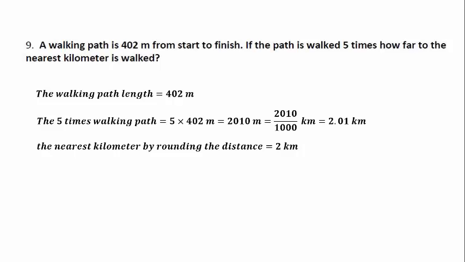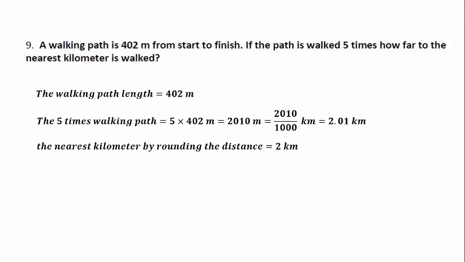The nearest kilometer by rounding the distance will be equal to 2 kilometers. Why? Because the first digit after the decimal point is 0. So if we round this number to the nearest kilometer, meaning to the nearest integer, if the digit after the decimal point is 5 or greater, then the integer will be increased by 1.